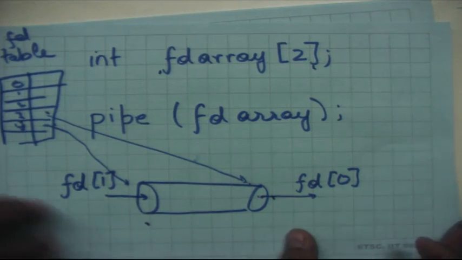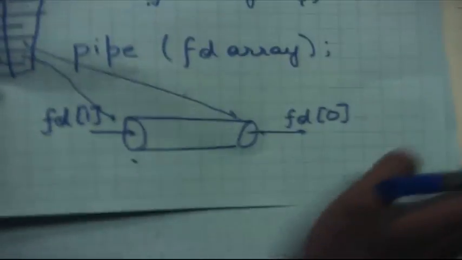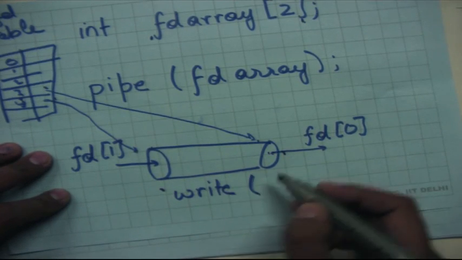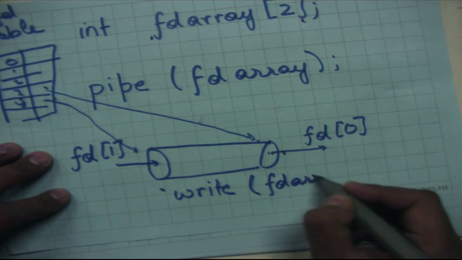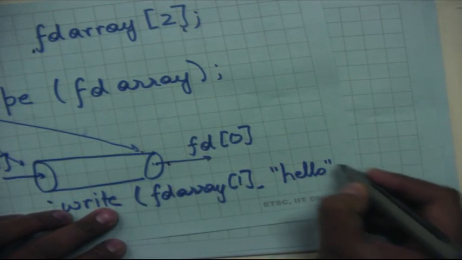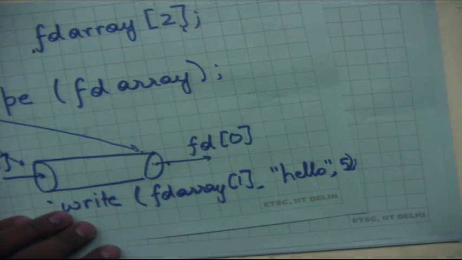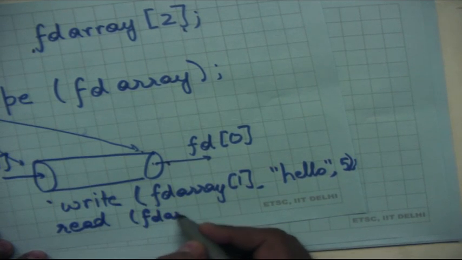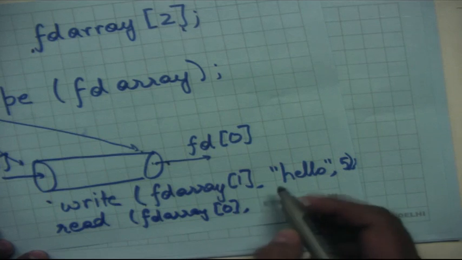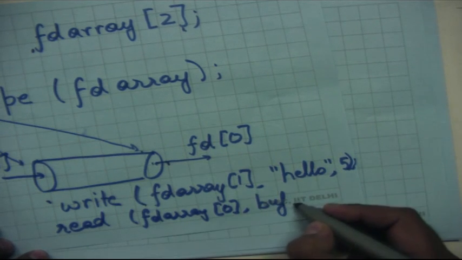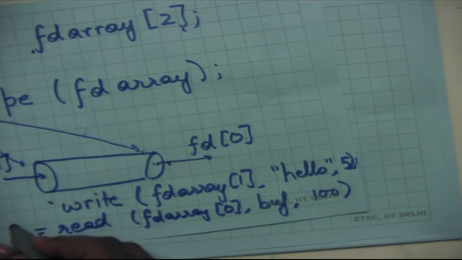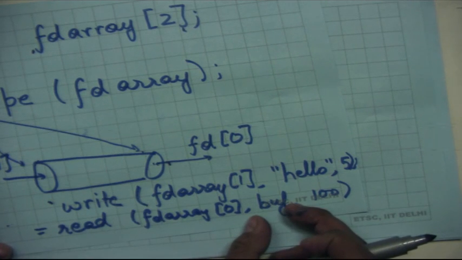Right? So with that in mind, if this program says pipe FD array, and then it calls write on FD array 1, let's say it writes "hello", a string of length 5, and then it calls read on FD array 0 into some buffer buff, let's say its maximum length is 100, then what I'm going to get is the answer 5 and the string "hello" written inside buff.